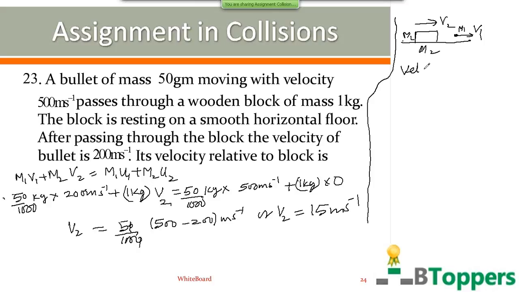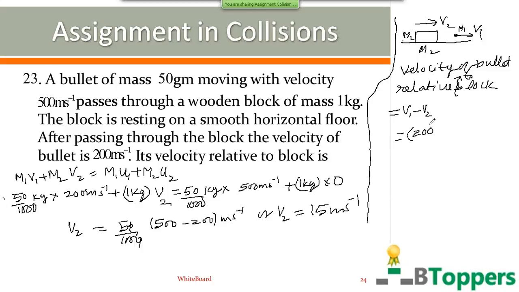That means the velocity of the bullet relative to the block after collision can be written as v1 minus v2, because both the velocities are in the same direction. And v1 is here 200 meters per second. v2 is 15 meters per second. So you get the answer as 185 meters per second.